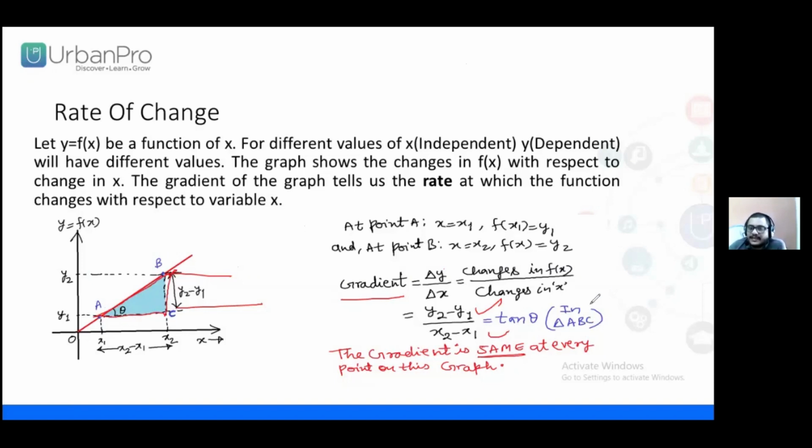So we can write tan theta equal to BC upon AC, and BC is y2 minus y1, and AC is equal to x2 minus x1. So we can say that rate of change, gradient and tangent all are the same. So here we have found the rate of change.